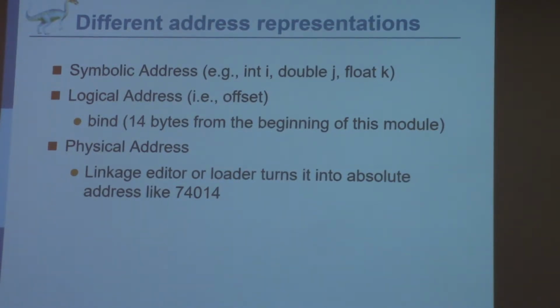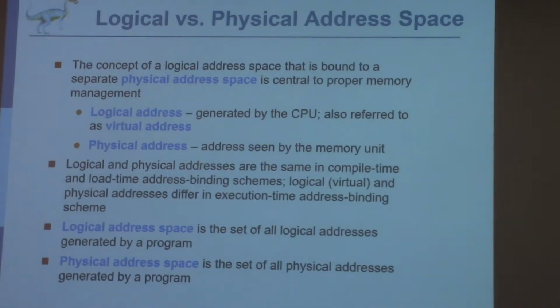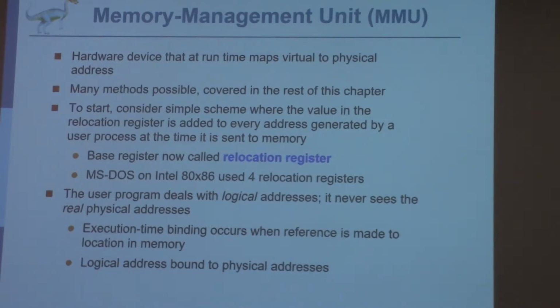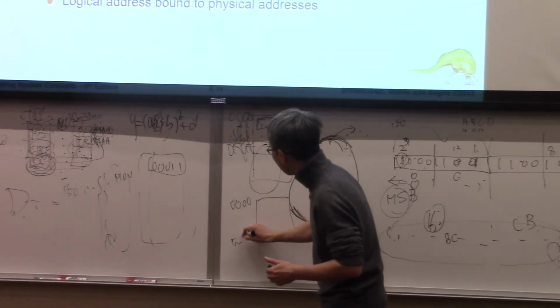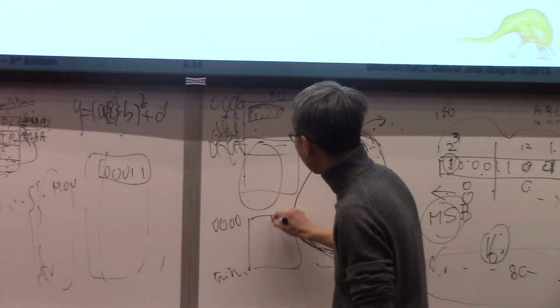So different types of the address will be used. Operating system should take care of such address binding. So logical address is such a relative offset. On the other hand, the physical address is finally the memory address you can access. Then, since each process has like the 0, 0, 0, and this is the FFF, and the process 0 and process 1.